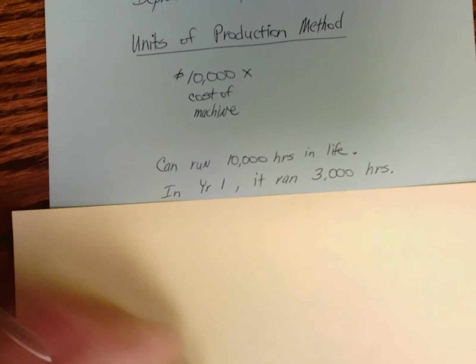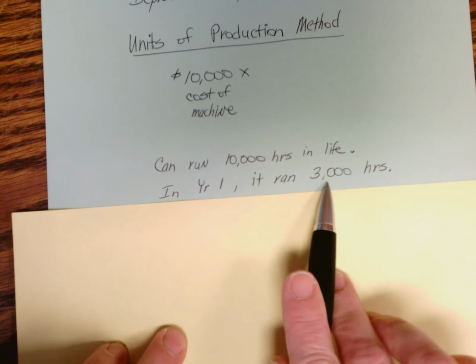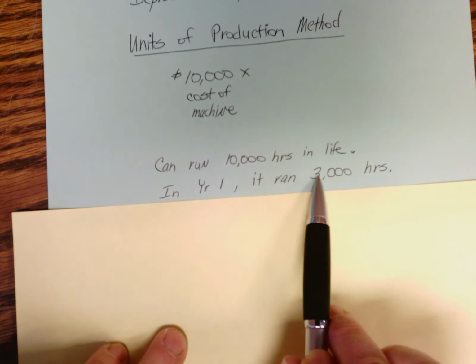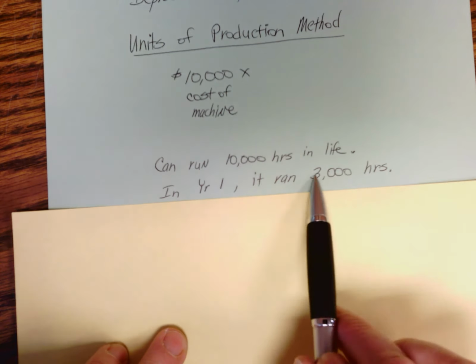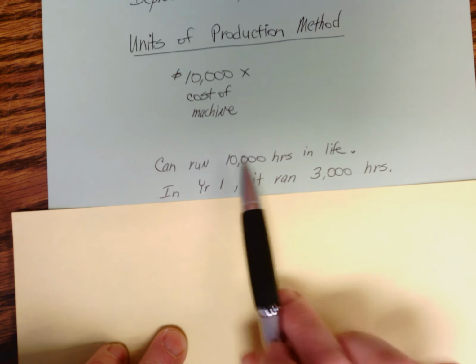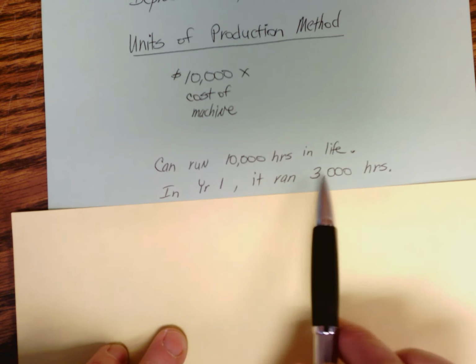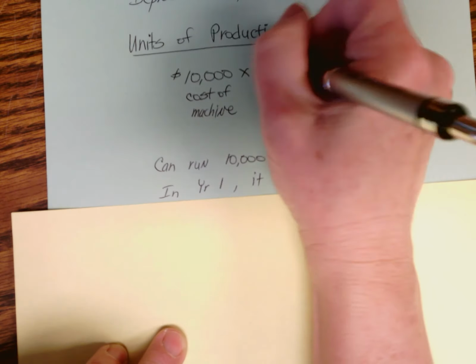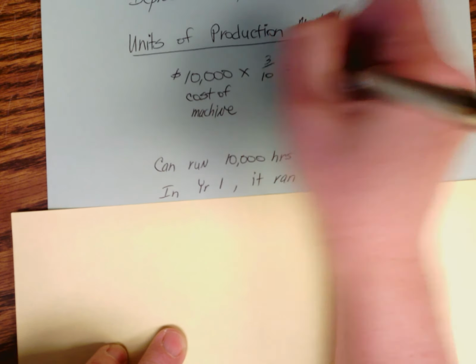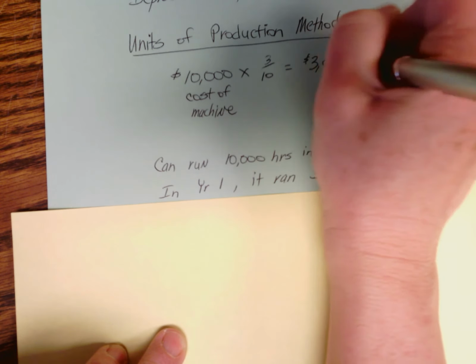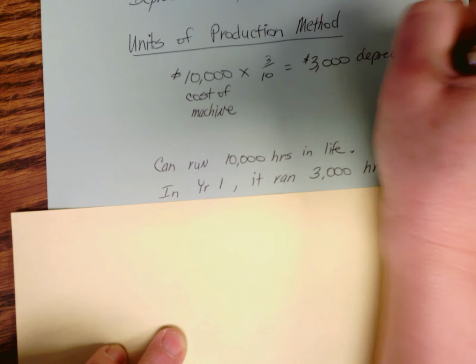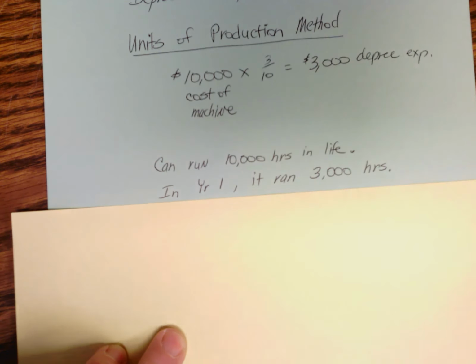And this year we ran it 3,000 hours. So we've used up 30% of its life, 3,000 divided by 10,000 total life. So that year, then, we would have $3,000 of depreciation expense in year 1.